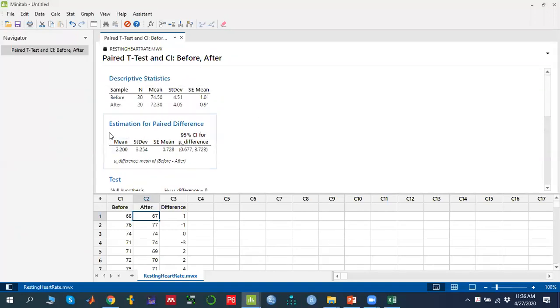If you can see that the average of before resting rate was 74.5 and after is 72. So earlier it would take longer time to recover the heart rate, but after it is doing quickly. So that means we can say that the running program is working effectively in order to rest the heart rate. Is it clear?